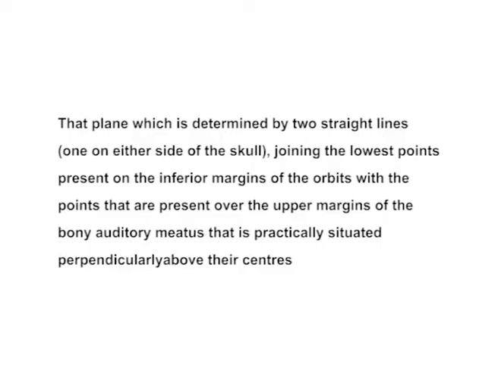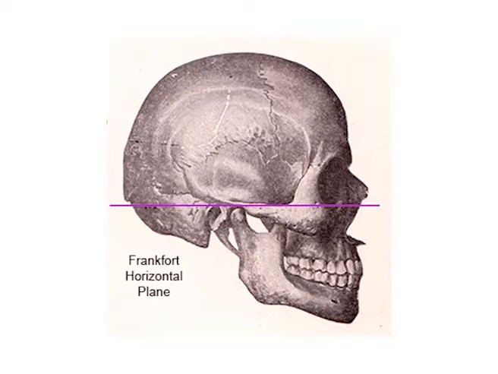Quote, that plane which is determined by two straight lines, one on either side of the skull, joining the lowest points on the inferior margins of the orbit with the points on the upper margins of the bony external auditory meatus, that is practically situated perpendicularly above their centers. In this context, the German horizontal plane is used to measure the direct length of the cranium along with the height and the maximum breadth too.